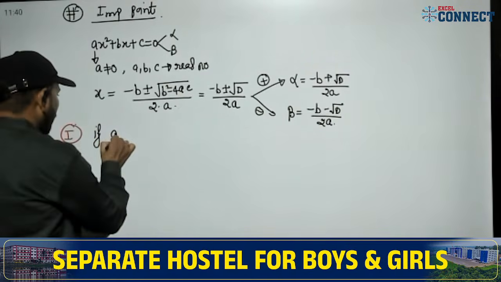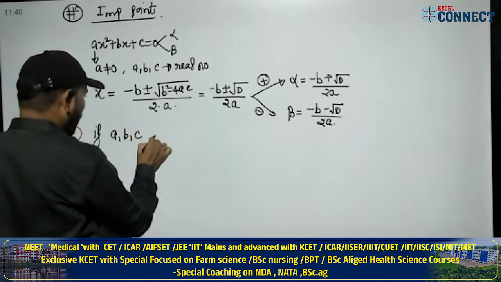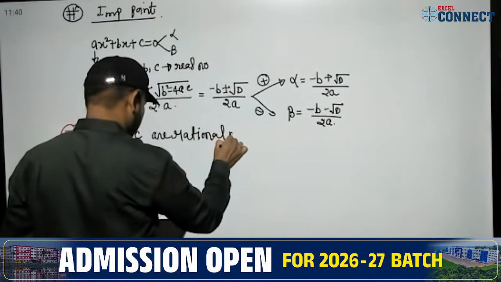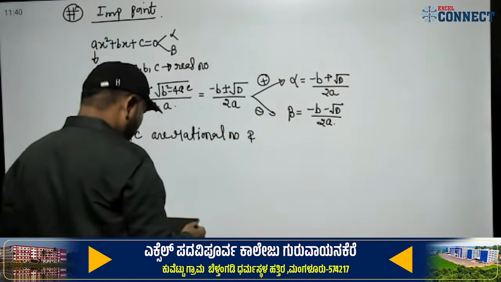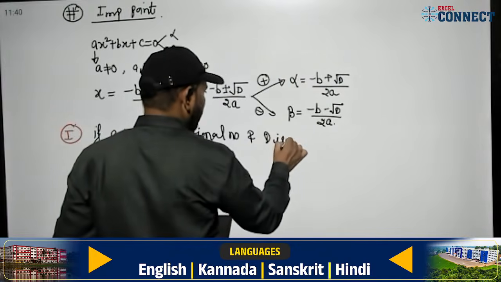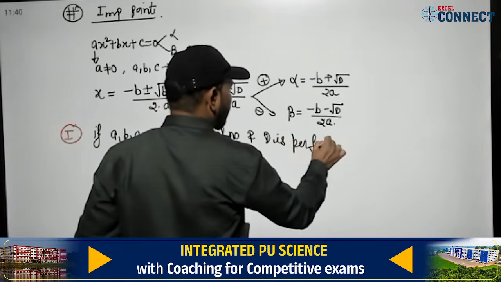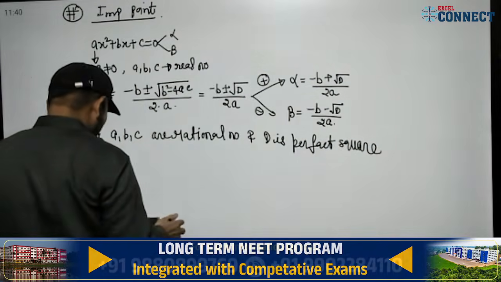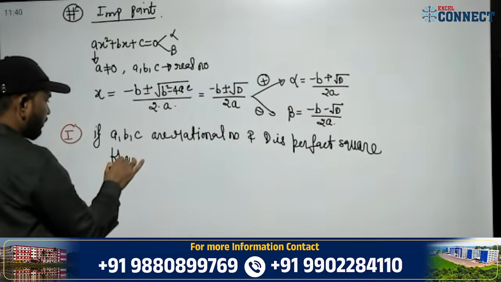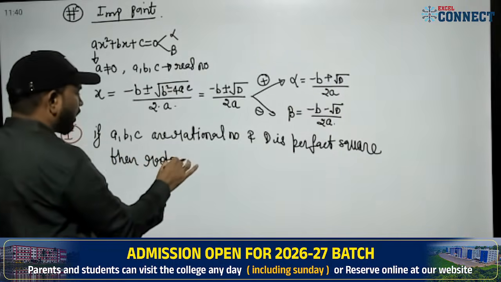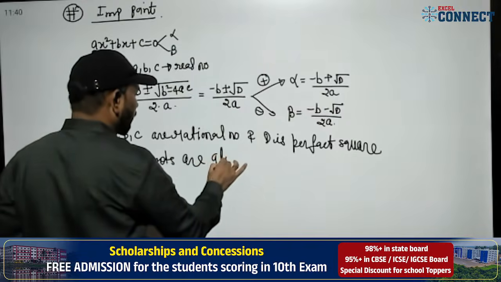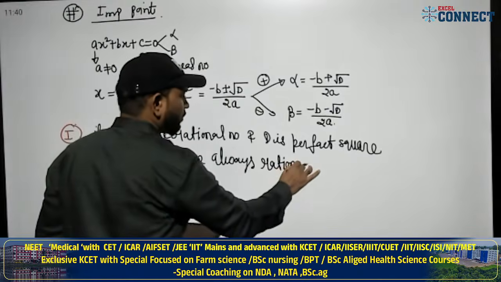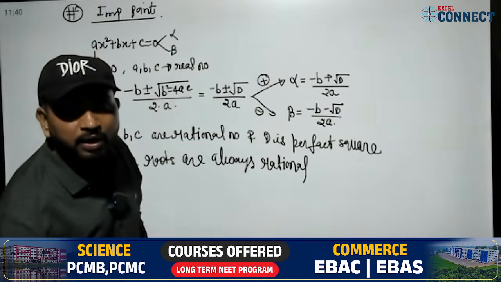If a, b, c are rational numbers, and D is a perfect square, then the roots are always rational. See here, this point is very, very important.